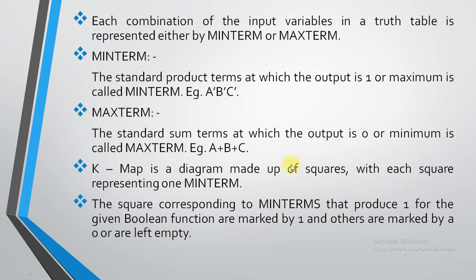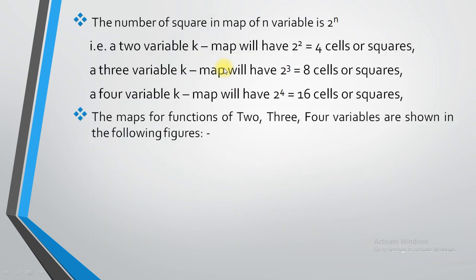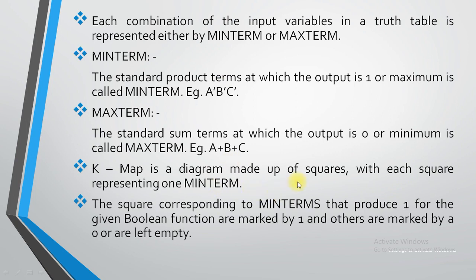Now each square in the K-map over here, this one, 0, 1, 2, 3, A dash, B dash, these all are referred to as a cell, right? So each cell or square in the diagram represents a minterm.